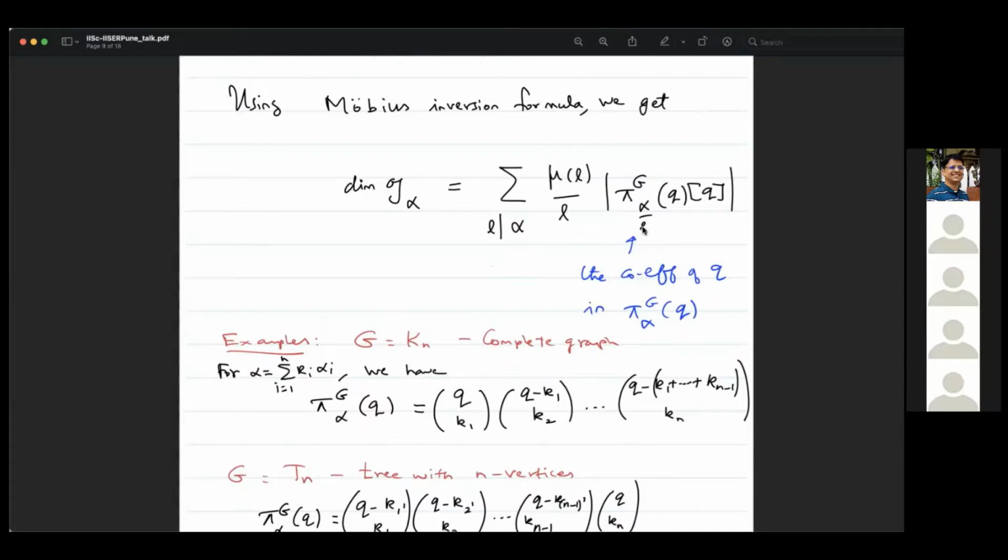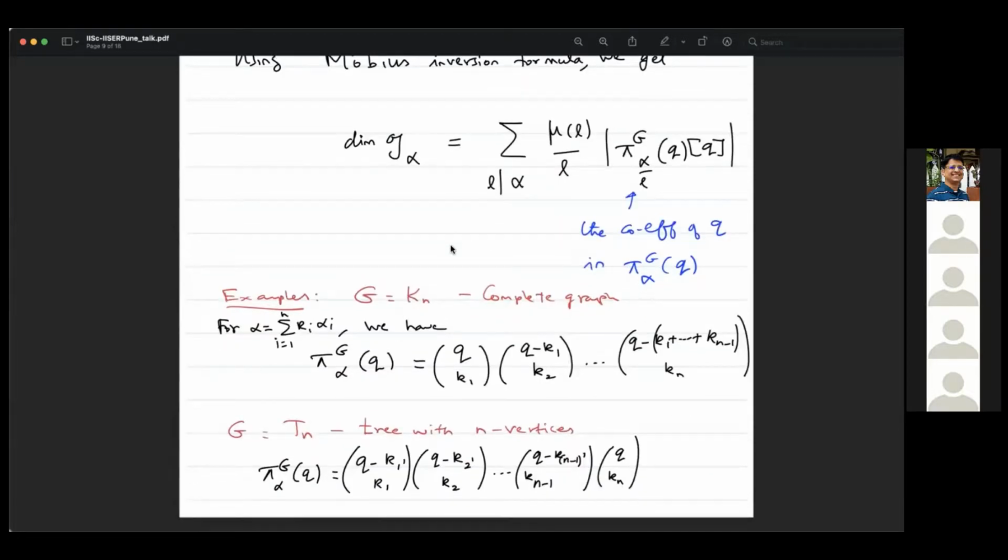But computing this chromatic polynomial is very easy for many interesting families. From that one can get information about the dimension of G alpha, and we used this information in one of our papers in the Journal of Algebra. I wrote that paper with Denis Kus and Arun Kumar, and using this information we constructed a nice basis of these Lie algebras LG. So that is one of the applications.